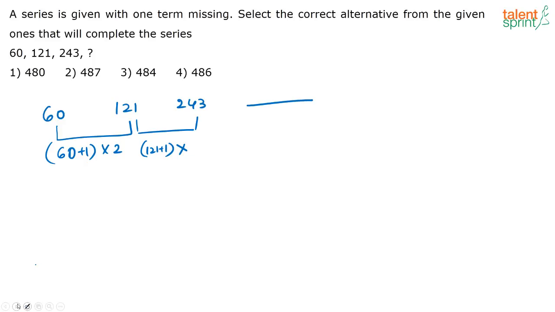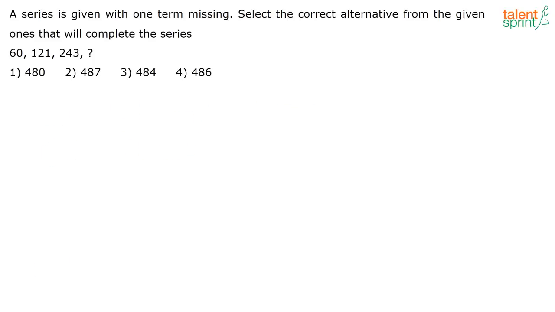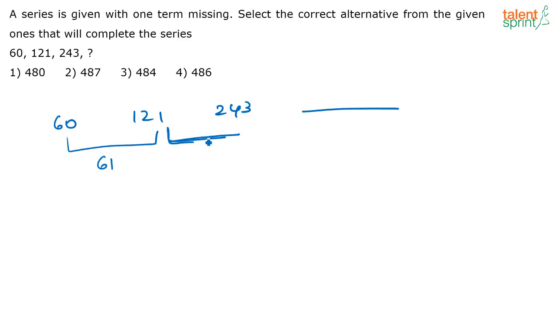One second, no, that's not the pattern. 60, 121, 243, dash. So here the difference is 61. Here the difference is 122. Okay. Now, 61 into 2 is equal to 122. Similarly, if it is so here what should come?